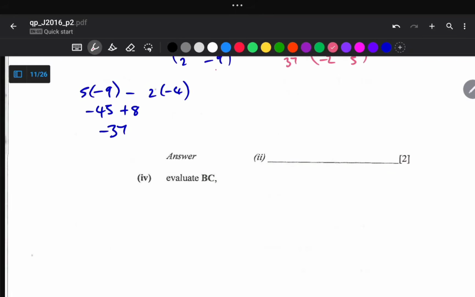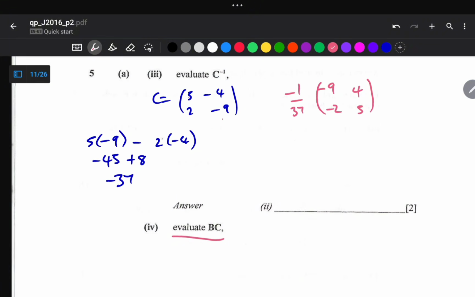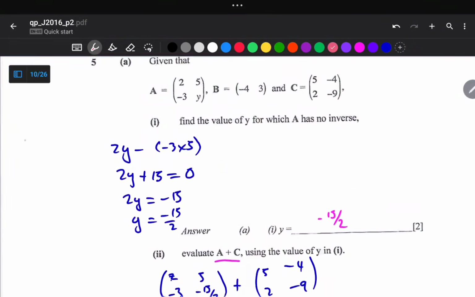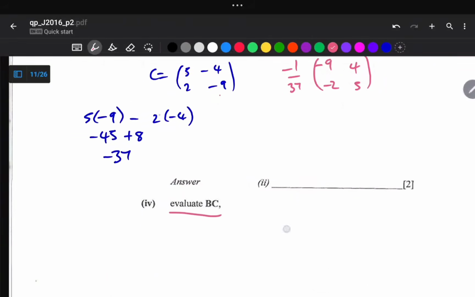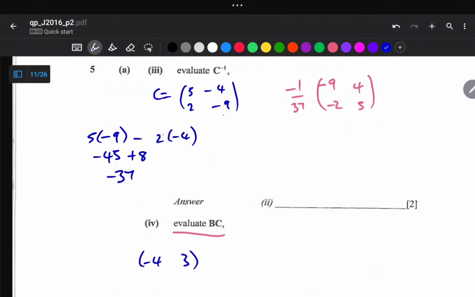Okay, and we are required to evaluate BC in the fourth part of our question. So given that our B is equal to, what is the value of B? -4, 3. So our B is equal to -4, 3 multiplied by our C, which is 5, 2, -4, -9.